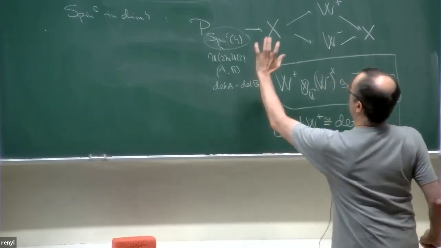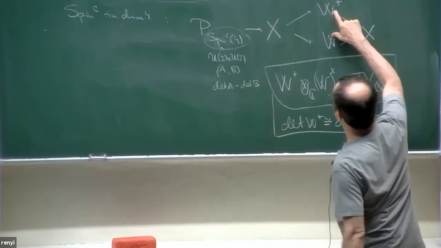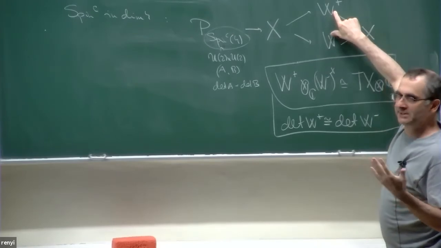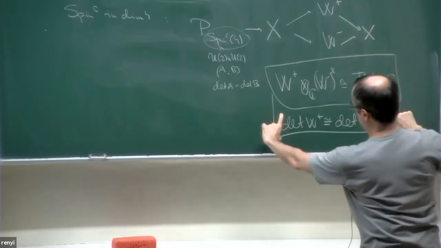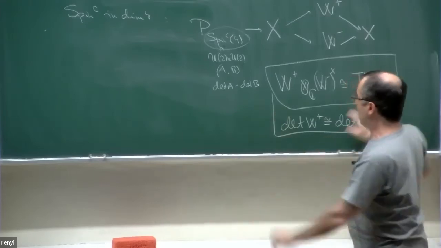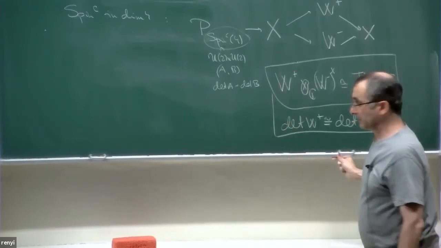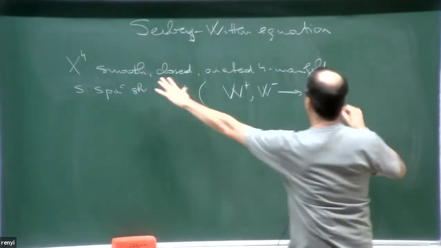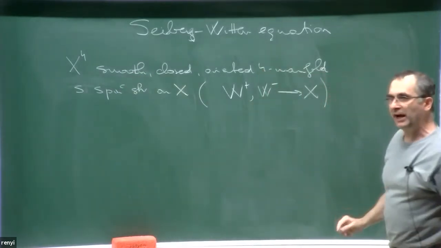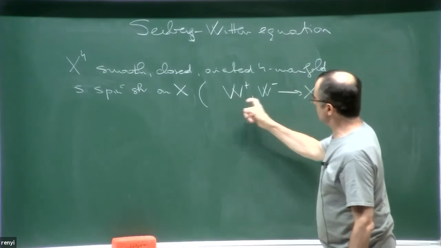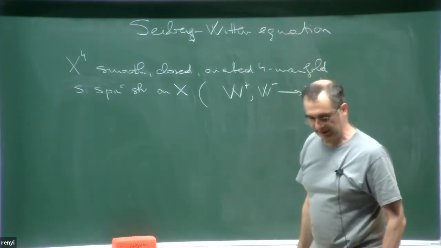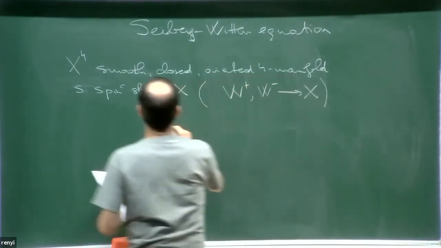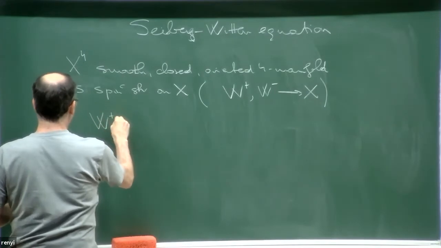So a spin C structure on X is a pair of bundles which are both U2 bundles, so complex unitary two-plane bundles, together with the identification of their determinants and with an isomorphism like that. Okay, so let's see. We have X and we have a spin C structure where we just simply think of these two given bundles satisfying those properties which I just put up on the board. Let me change this expression.